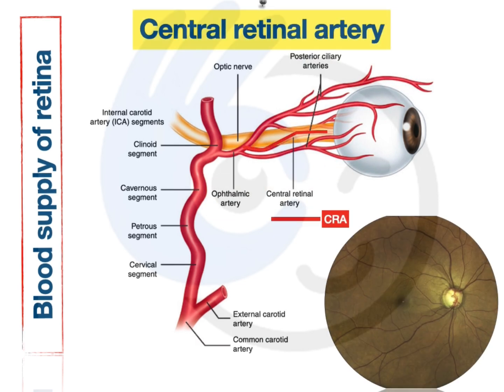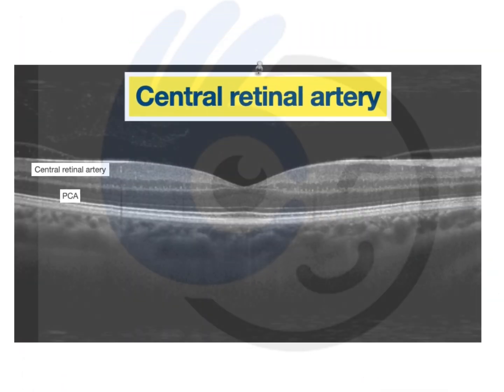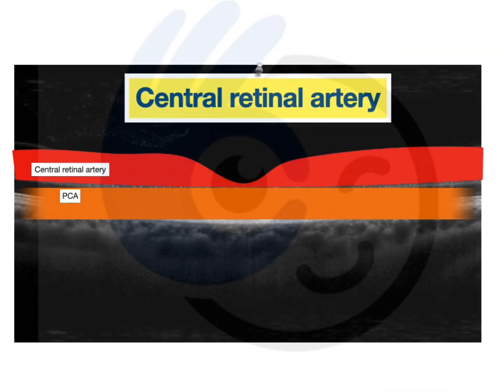The central retinal artery penetrates the optic nerve and enters the retina through the optic disc. As soon as it enters the optic disc, it gives superior, inferior, nasal and temporal branches. This central retinal artery supplies the inner layer of the retina, whereas the posterior ciliary artery supplies the outer layer, that is, the photoreceptors, RPE and the underlying choroid.